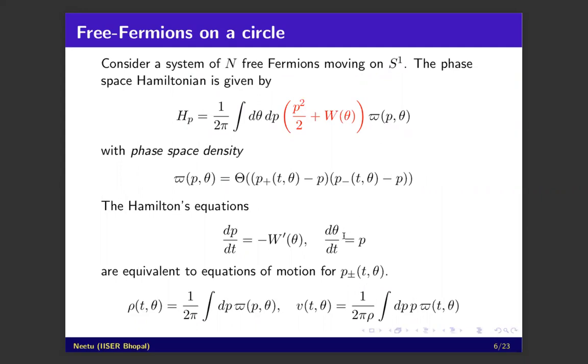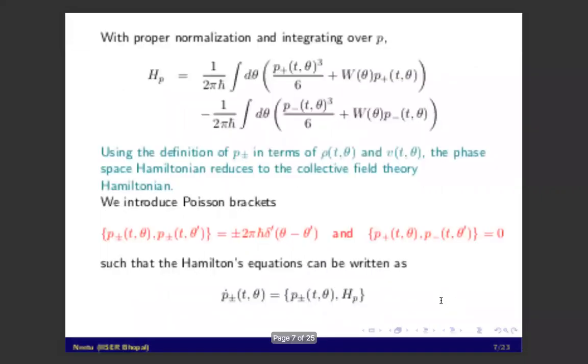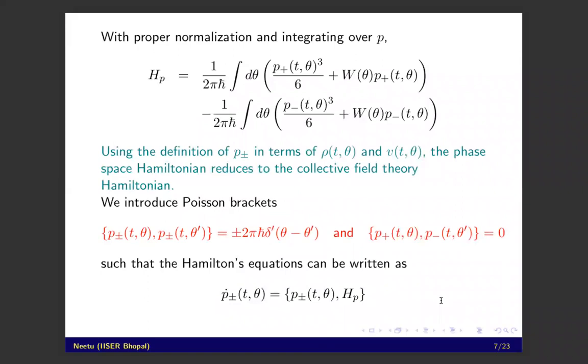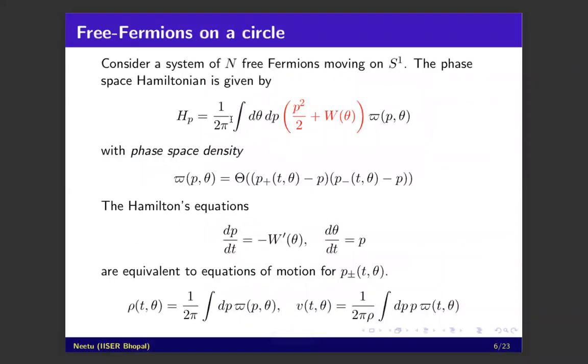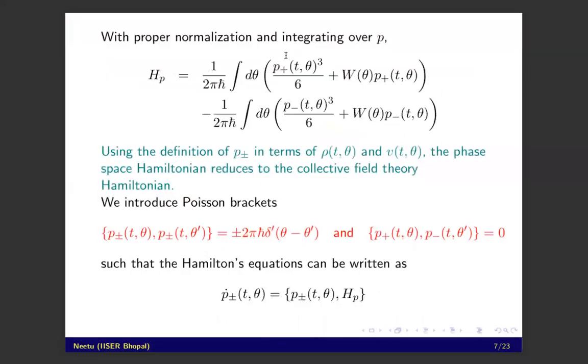Then we can translate back to the bosonic variables with these definitions, rho and v. We have to do these integrations over the phase space density, and we can go back to the bosonic variables. So now we can take this Hamiltonian and do this integration over p with the upper and lower Fermi surfaces given by p minus and p plus. So the Hamiltonian will be given in terms of these variables.